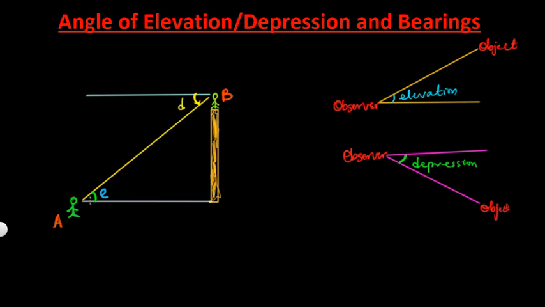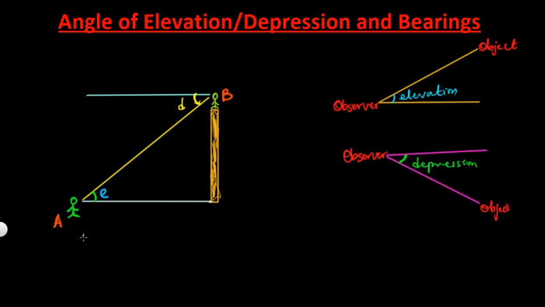So when an observer has his line of sight above the ground, it is an angle of elevation. If it is observed downward, it is an angle of depression. In solving these, the three basic trigonometric ratios that we use are sine, cosine, and tangent.